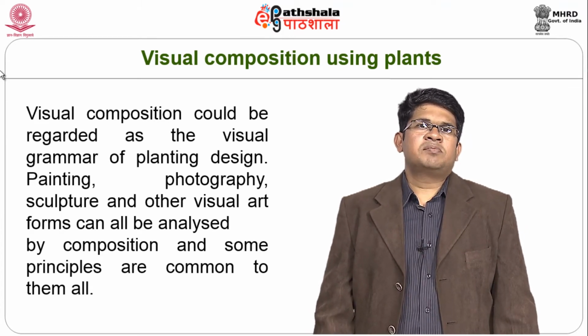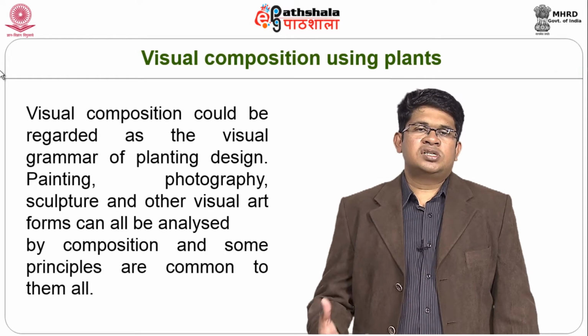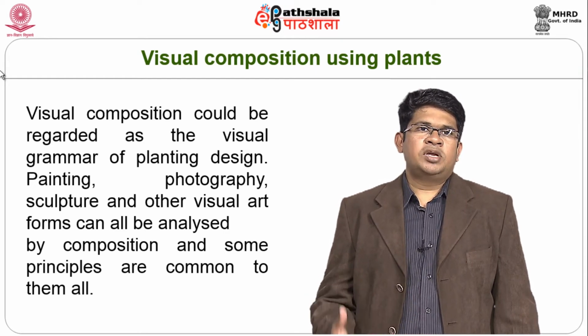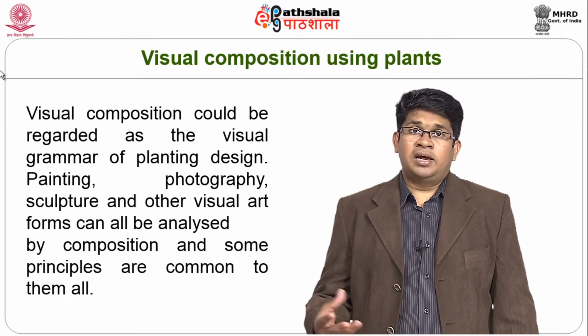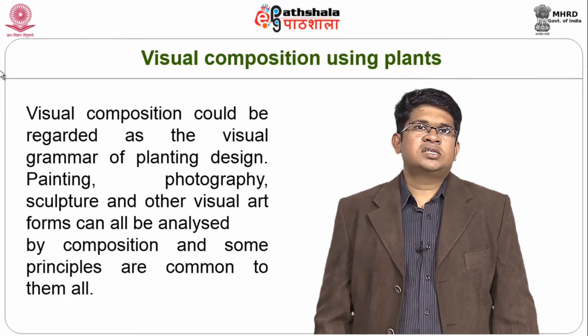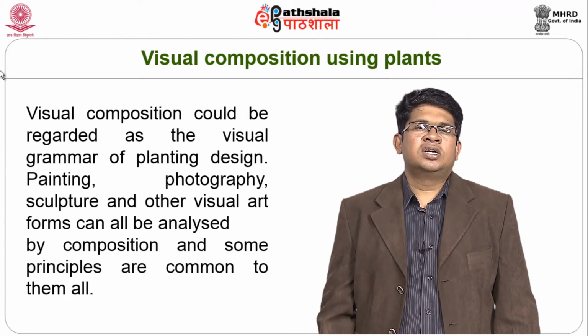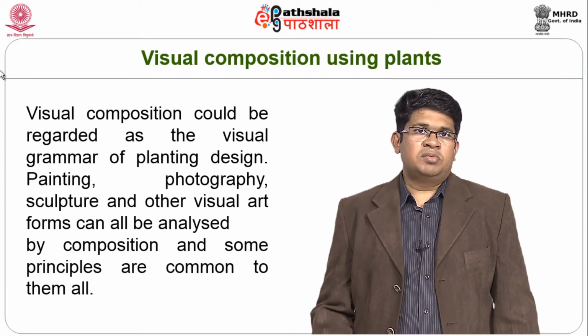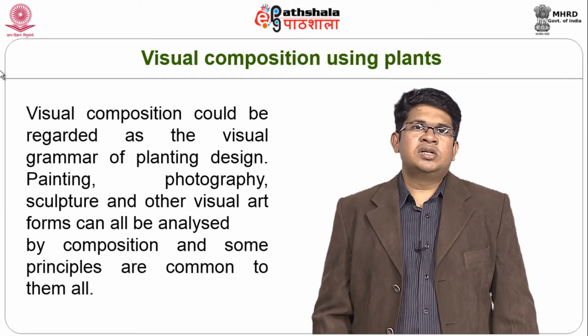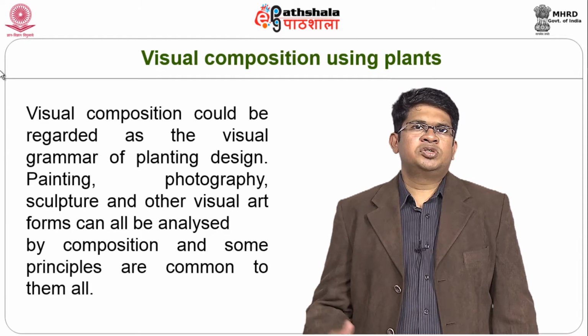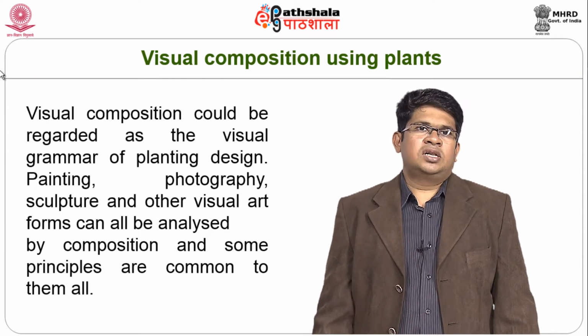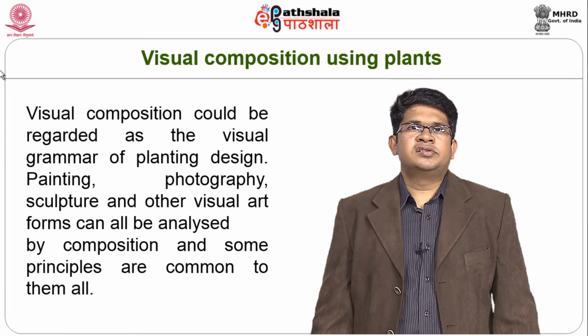So, when it comes to design, we could see that there are a lot of overlapping principles like balance, or we need to have contrast, we need to give the right contrast, we need to make sure that there is proper harmony within the elements in the composition that we do, whether it is a visual art or even photography, or even here in this context of planting design.